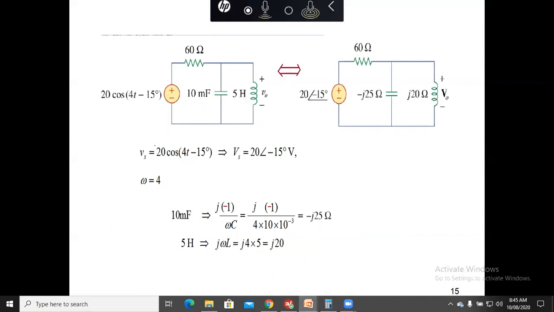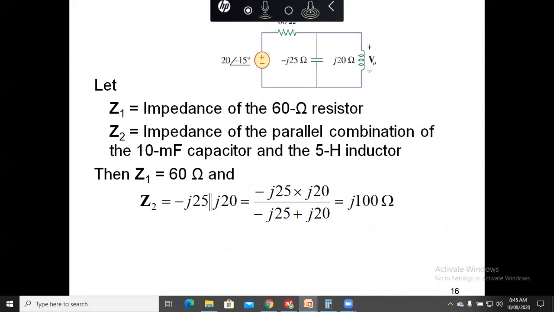So first we solve the Xc and Xf and sum up into this impedance. So we will see here that this parallel impedances is multiply and then sum up.